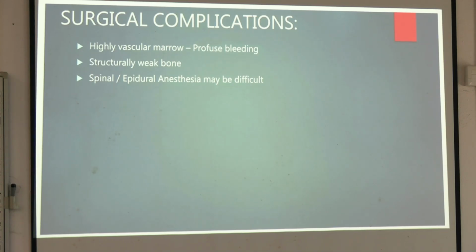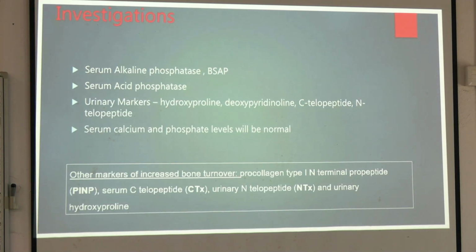Coming to the surgical complications, in such patients the marrow will be very vascular, so whenever you do any procedure, he or she will have profuse bleeding. And the bone is structurally very weak, and if the spine is involved, then you cannot give epidural or spinal anesthesia to these patients.